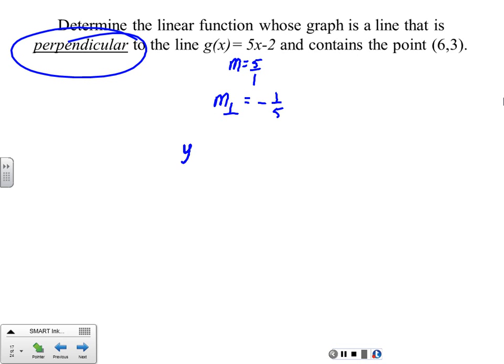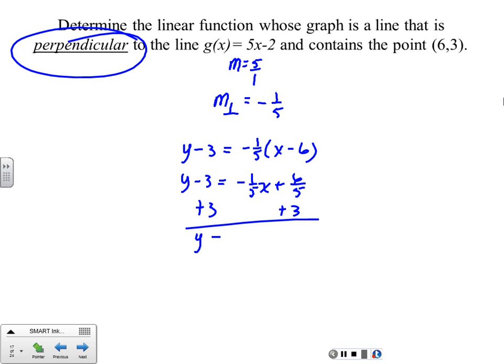Alright, so let's go. Y minus 3 is equal to my slope times x minus 6. Right? Alright, let's distribute first. Negative 1/5 x plus 6/5. And then let's add 3 to both sides.